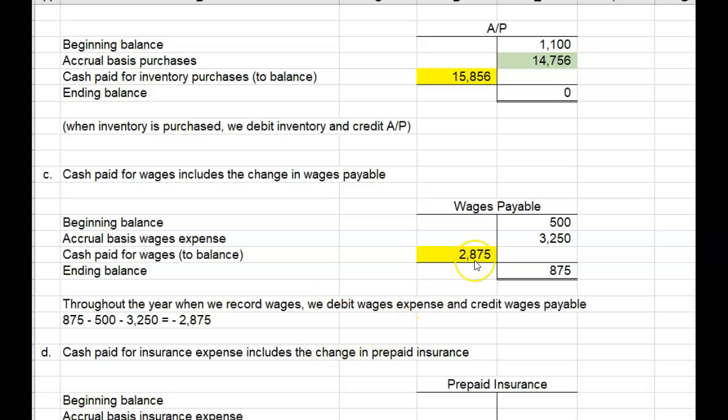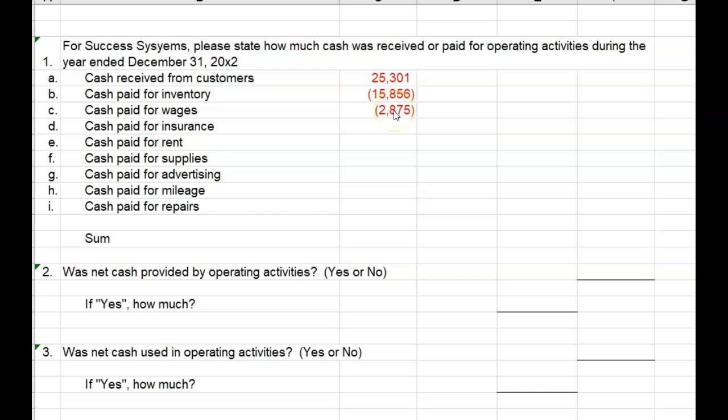So we just came up with another number that we're going to use in our direct method statement of cash flows in the operating activities section. Cash paid to employees for wages. And remember, when cash comes in the door, we should show it as a positive number. When cash goes out the door, we should show it as a negative number.